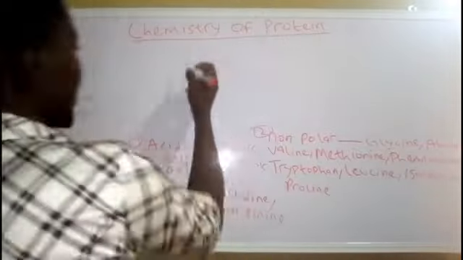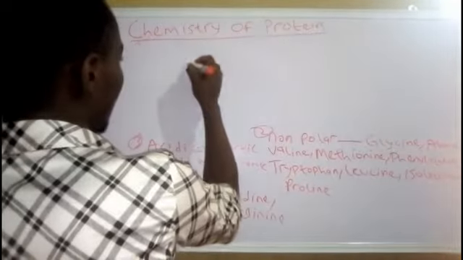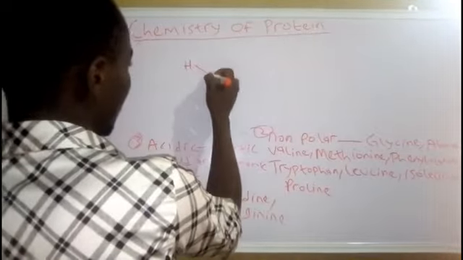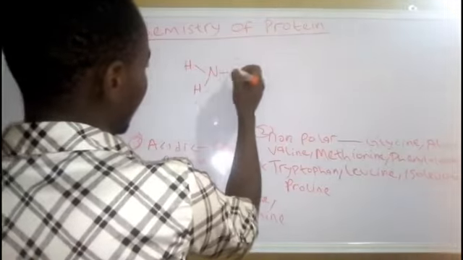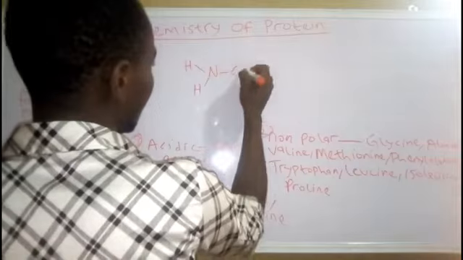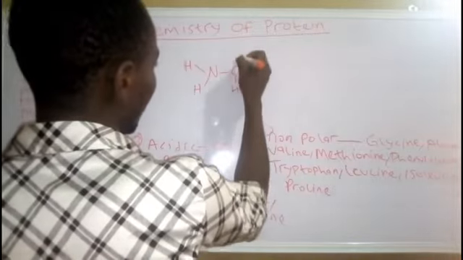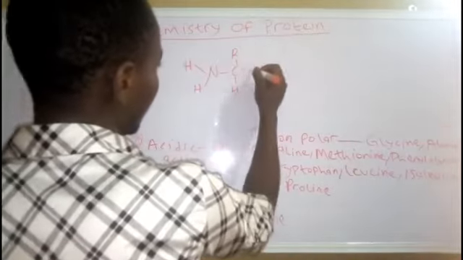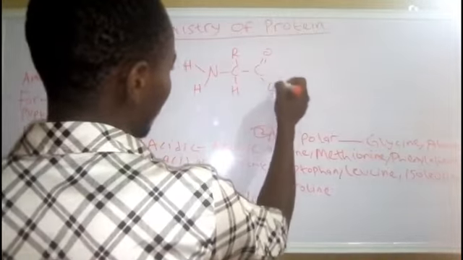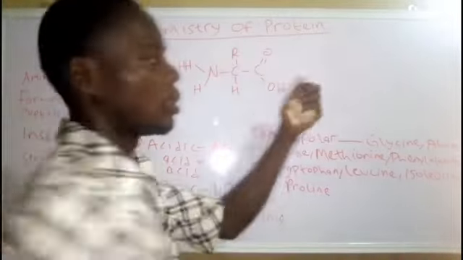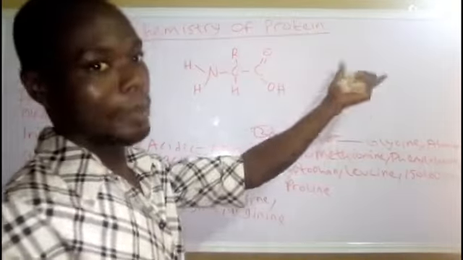Now this is an amino acid. This is the side chain there. So now it wants to join with another amino acid.